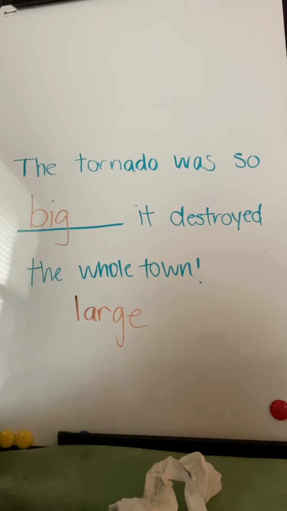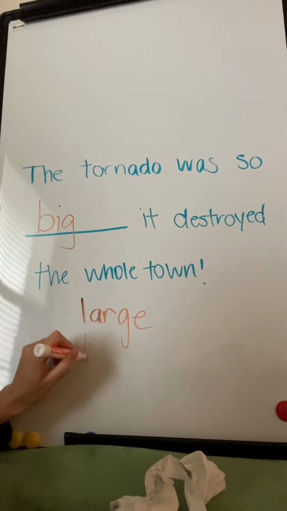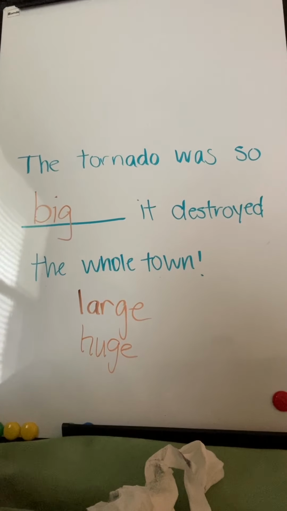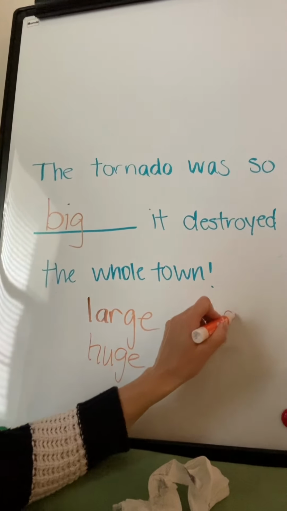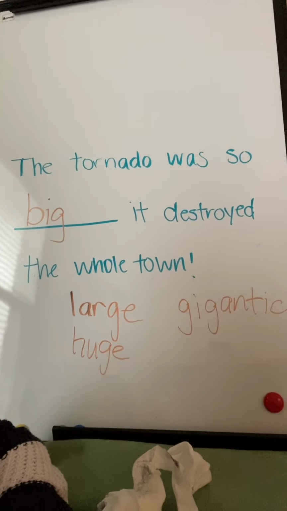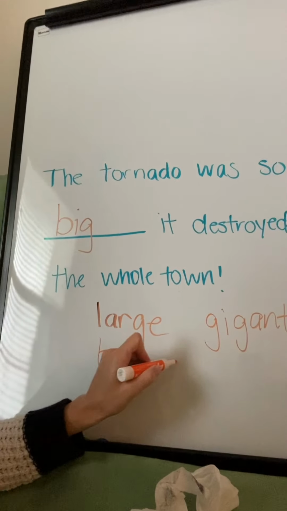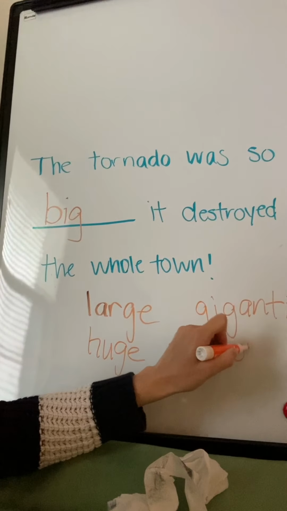Let's think, can you think of another word that might mean big? Large, huge, might have popped in your head. If you watched the first part of this video, you know we saw the word gigantic as another way to describe something that's big. Monstrous is a word that could mean just humongous.